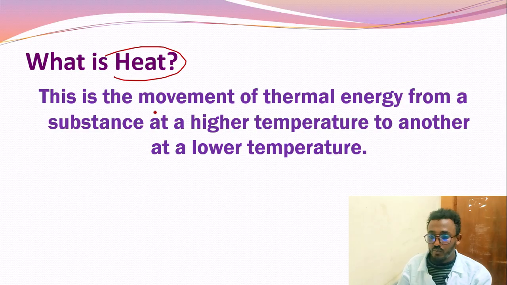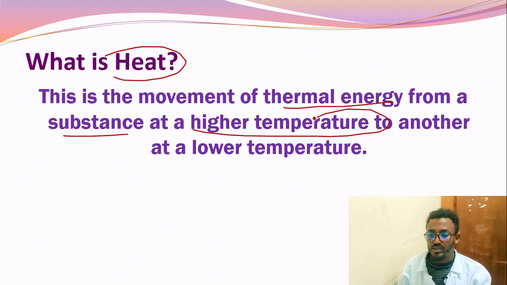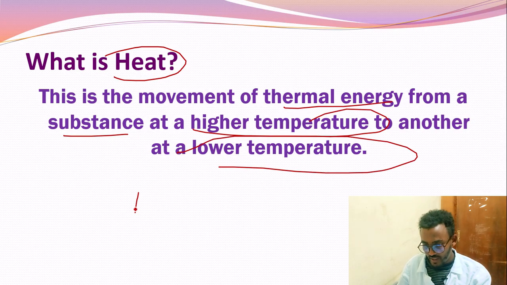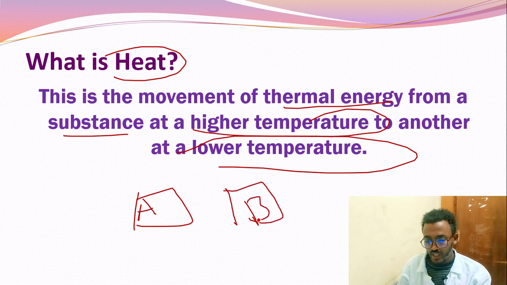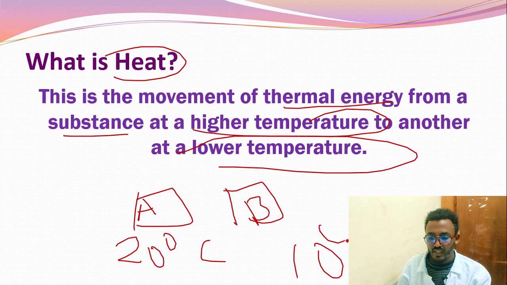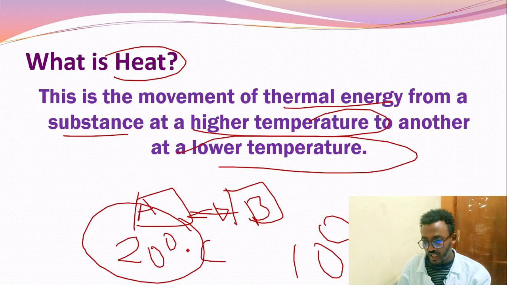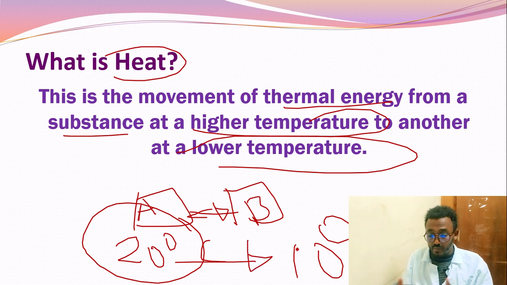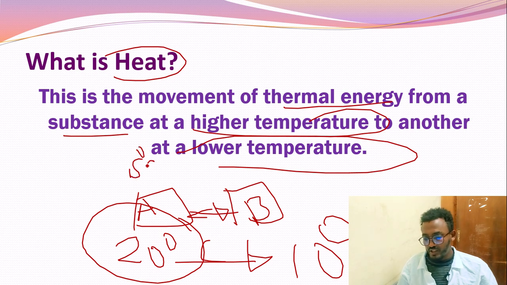So what is heat? Heat is the movement of thermal energy from a substance at higher temperature to another at lower temperature. Let's say we have system A and system B. If this one is at 20 degrees Celsius and this one is at 10 degrees Celsius, if we bring them close to each other, the heat transfer is going to be from the 20 to the 10 degrees Celsius until they reach equilibrium.